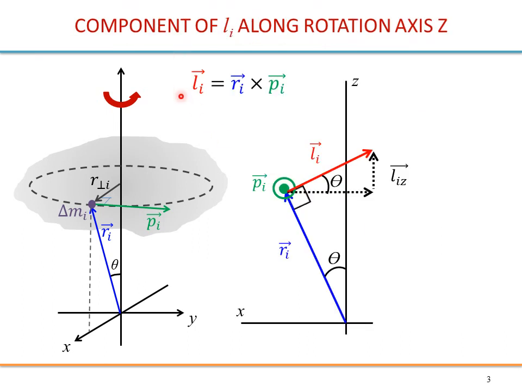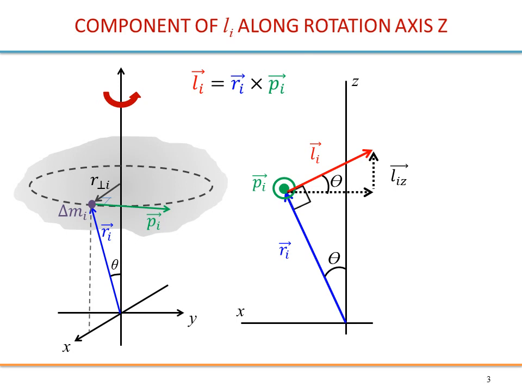Okay, so let's write again what is Li. It is Ri cross product Pi, so it is represented in this drawing by this vector in red. This here is in fact the triangle from the origin here to delta mi, and to this point, and then coming back here. So it is in the x-z plane.